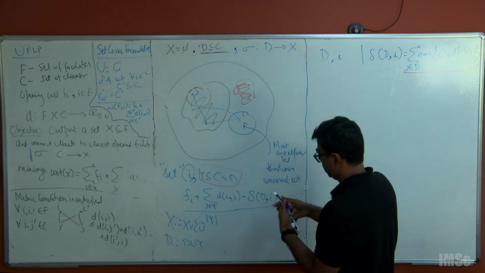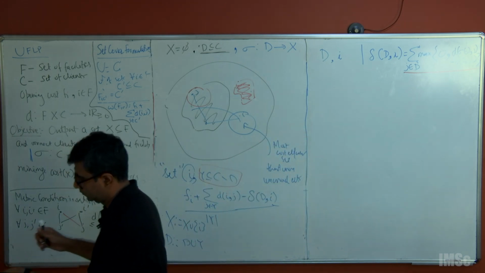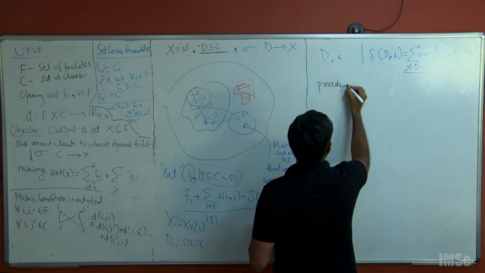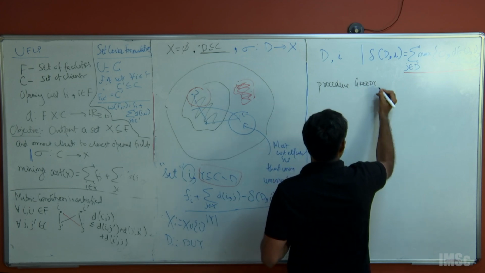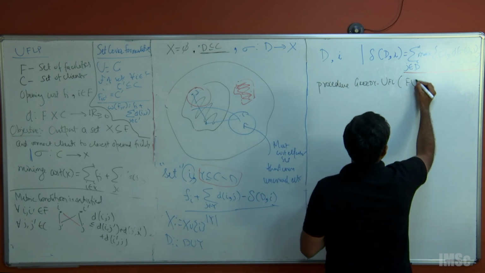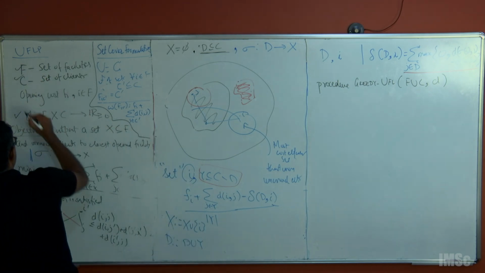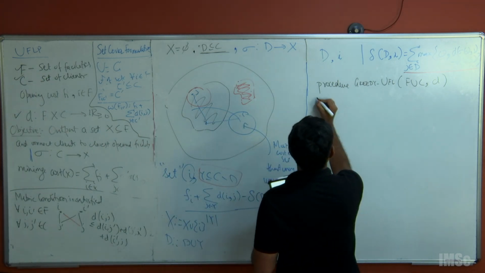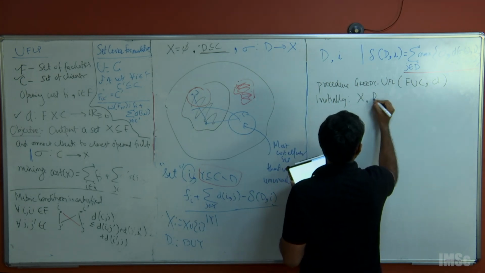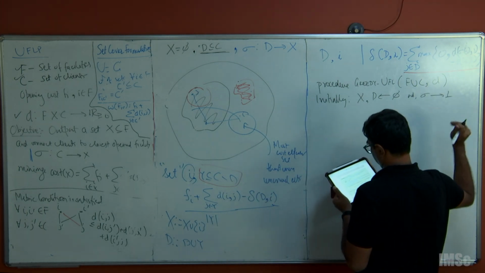So this is how my algorithm looks. It takes as input F, C, and D. Initially, X and D are assigned the empty set, and the sigma function is assigned to some bot.